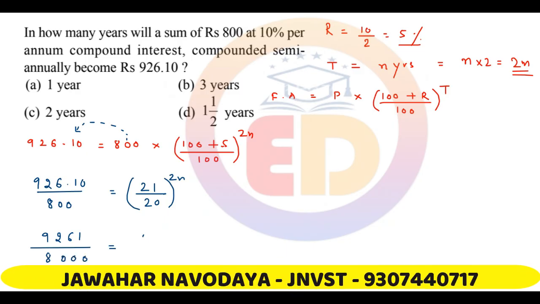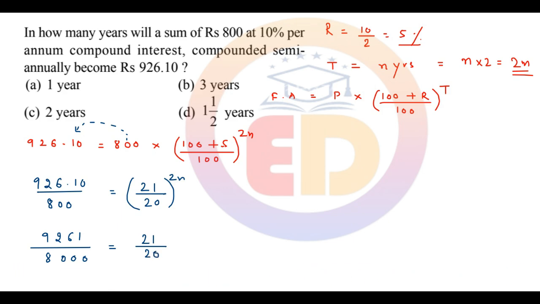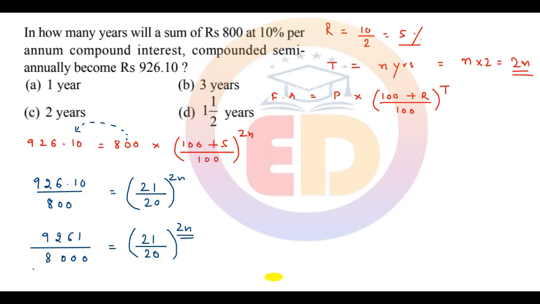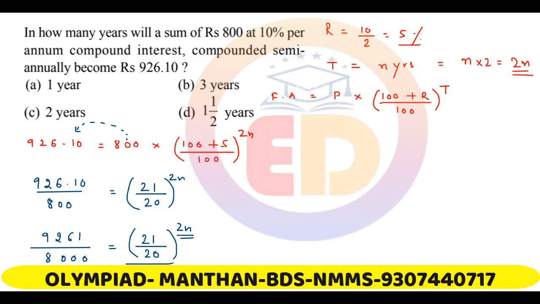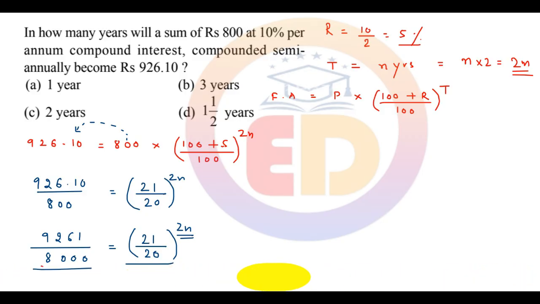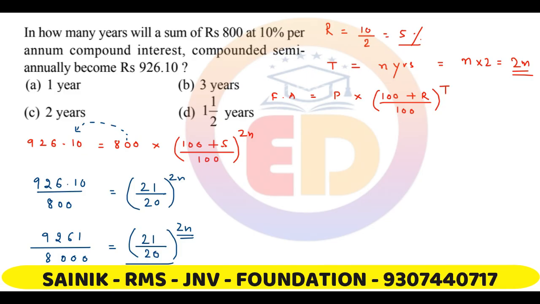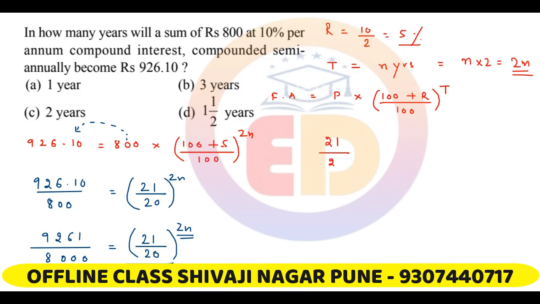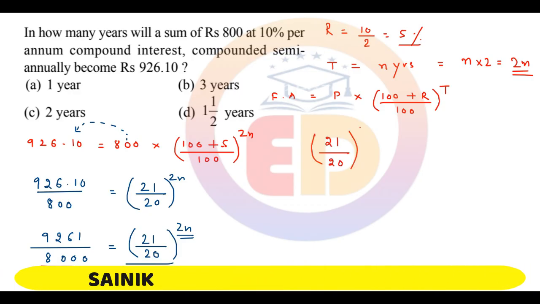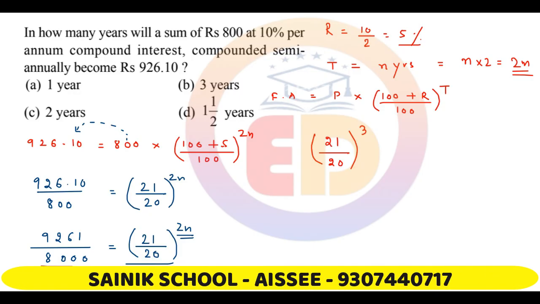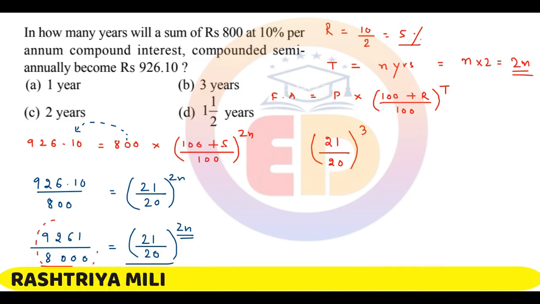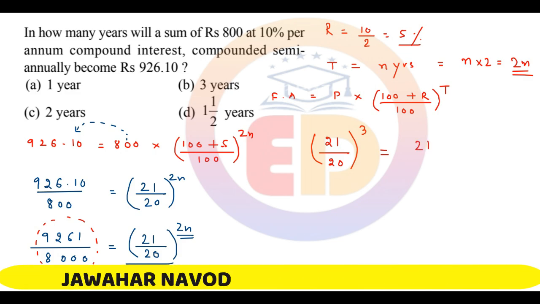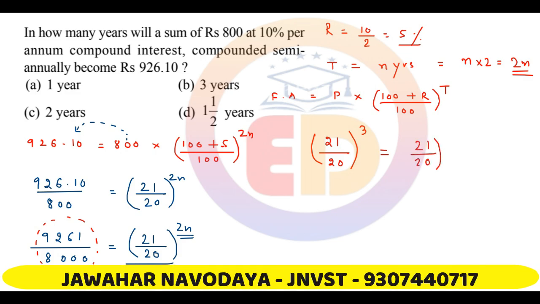Now let's go back to the exponents and powers. If I want to find out the value of this 2n, I have to make the bases on the left hand and the right hand side same. To make that base same, remember 9261 is 21 cube, 8000 is 20 cube. So let's write it down that way. That's 21 upon 20 whole cube on the left hand side. Don't get confused about where 9261 upon 8000 went, it becomes 21 upon 20 whole cube equals 21 upon 20 to the power of 2n.